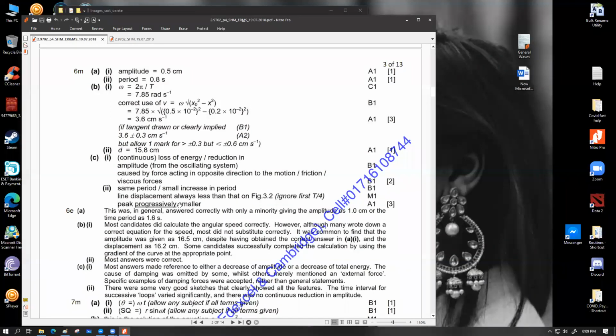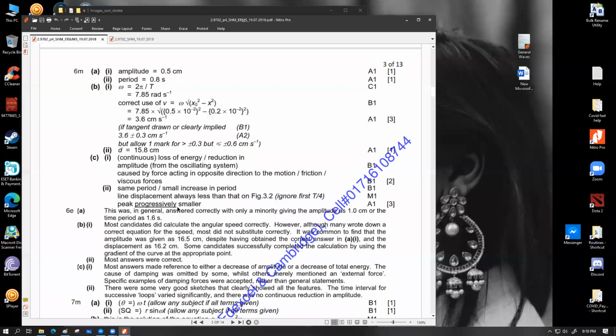This is what I mean. Progressively smaller. So by saying progressively smaller, they did not essentially mean that the reduction amount should be reduced over time as well. They only meant that the peaks should slowly become smaller and smaller.